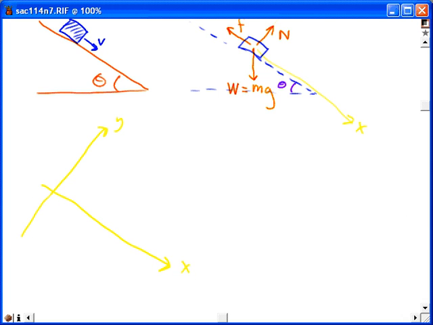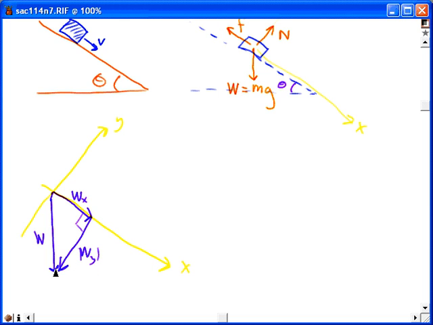And then the weight vector that I'm trying to break up into components is in the straight down direction, which can be thought of as having a component in the x direction and a component in the y direction. Of course, they have right angles to each other. So this is w. This will be wx and wy.